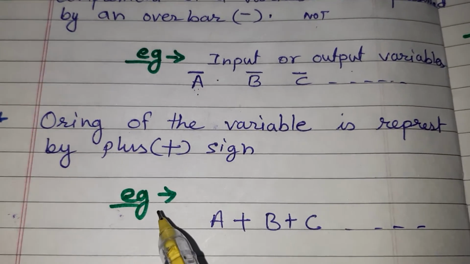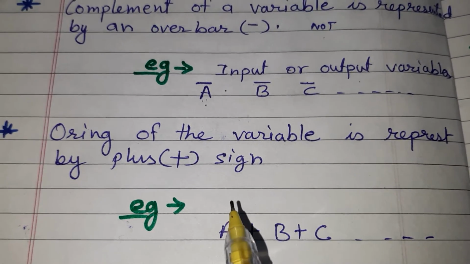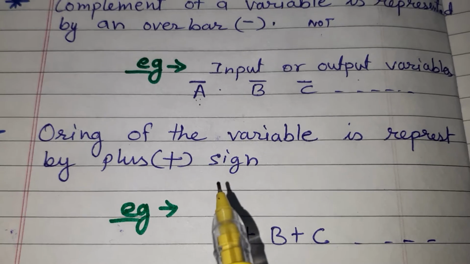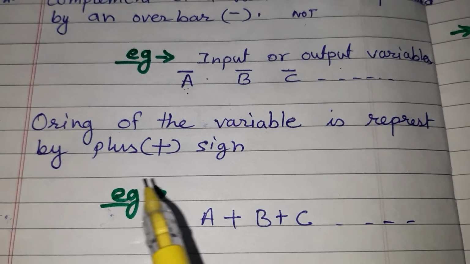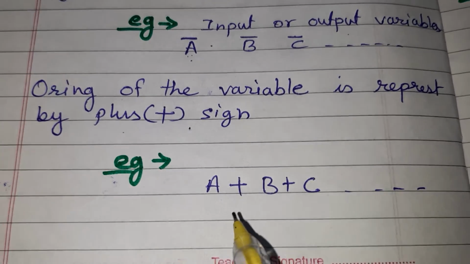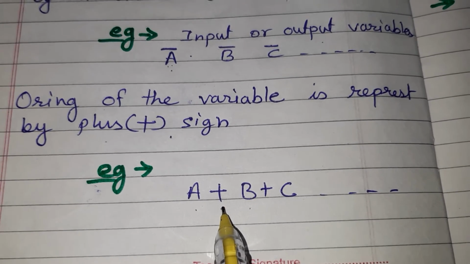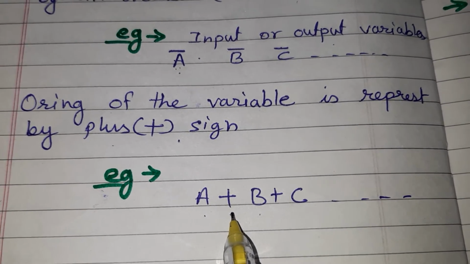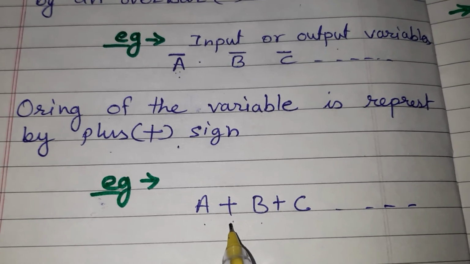The second logic is OR logic. OR means any one condition being true. ORing of variables is represented by the plus sign. For example, A OR B works as addition, but it is called OR.